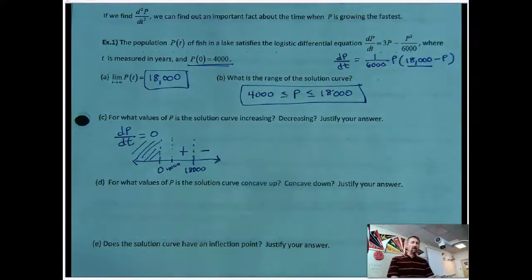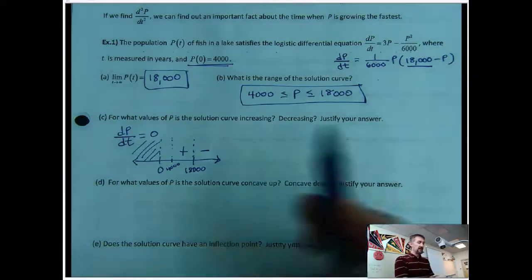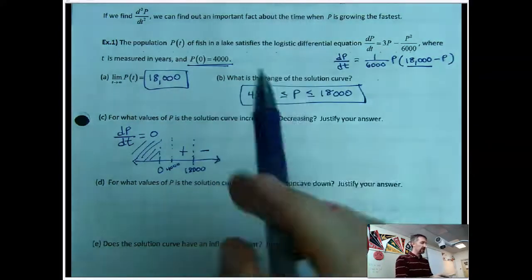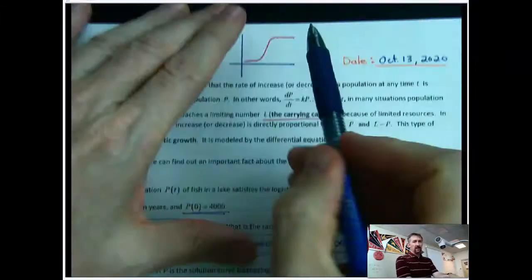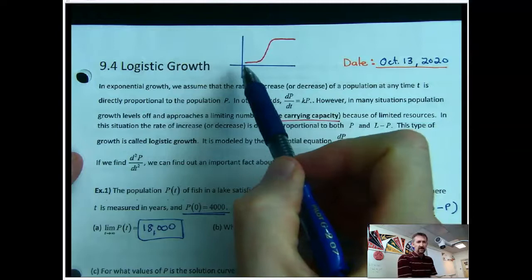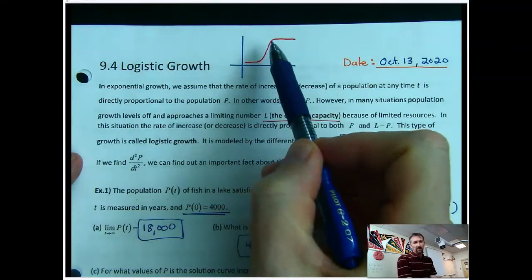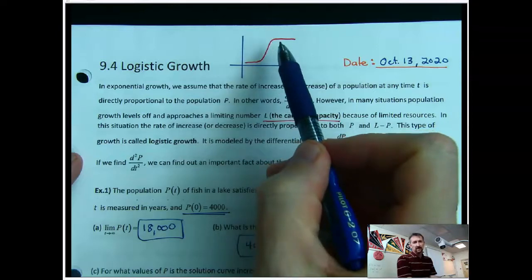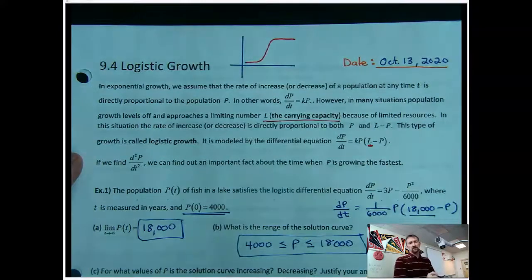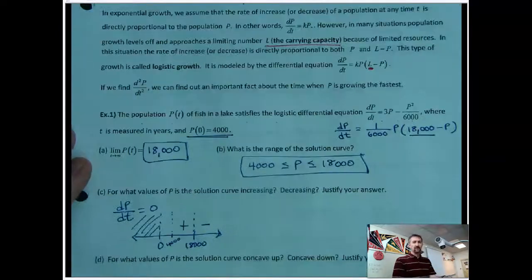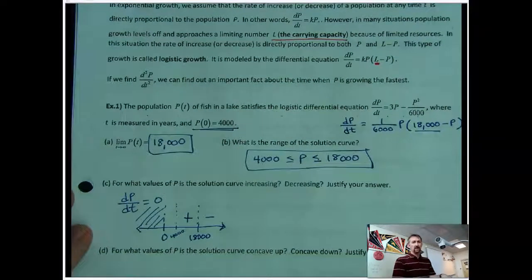So if you think about why might the population of fish in a lake start to decrease after a large increase, maybe they introduce fish to this lake and the population starts going crazy, and then they start eating all the food in the lake, and so then the population maximizes out there. There's a maximum number of fish that are going to be able to live in a lake.